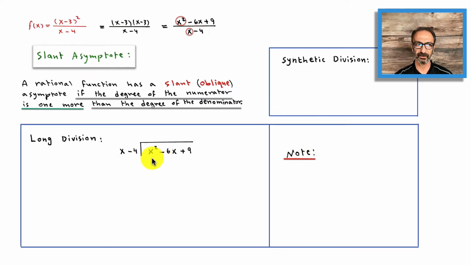To divide, we're going to take the leading term, x to the second, divided by the leading term, x, and we get 1x. We put 1x on top of the 6x right here, and we multiply x times x and x times minus 4, which is going to go here as x to the second minus 4x.